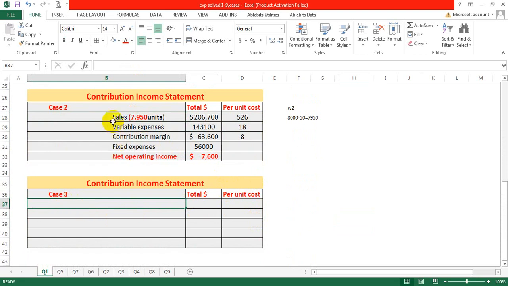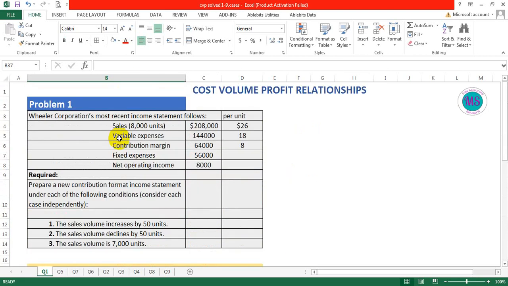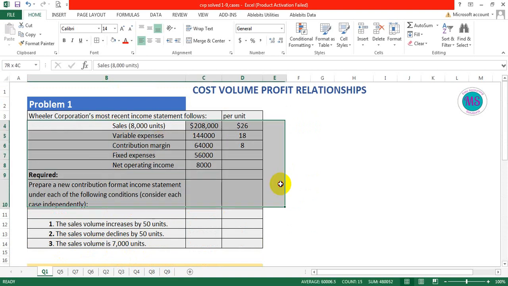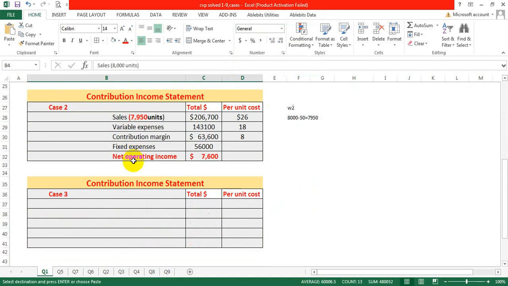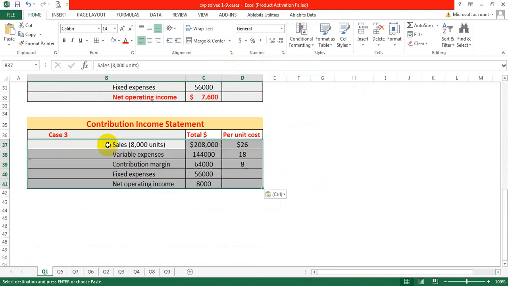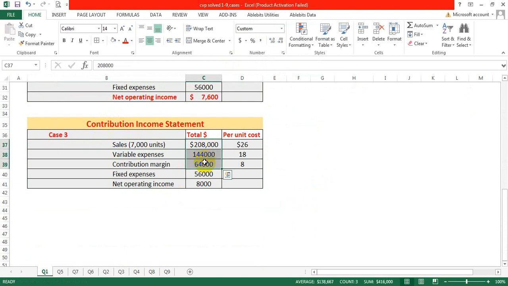Okay, in the third case, the sales volume is 7,000 units. Now we will calculate the third contribution income statement on 7,000 units, right? The fixed expense remains fixed, there is no change.